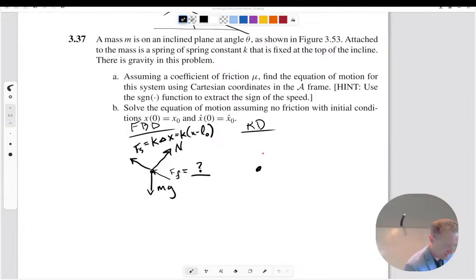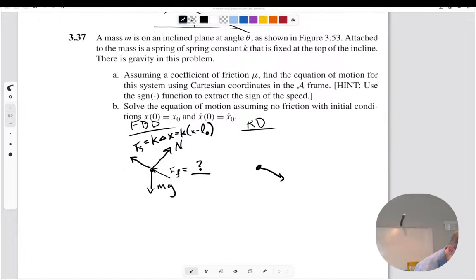So I can call this one mx double dot, acceleration along my x-axis. You can call it max or ma, or we only have one value of a, right?